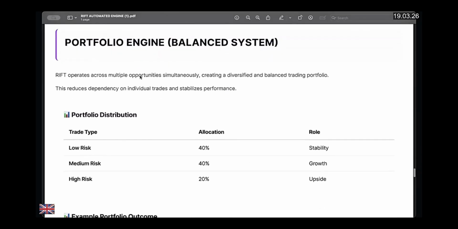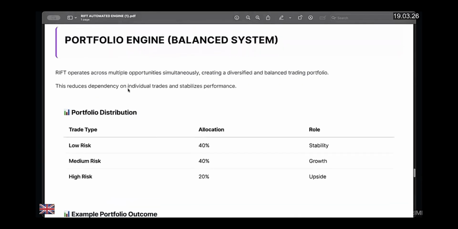Then there is the portfolio engine, a balance system built inside Rift, which operates across multiple opportunities simultaneously and balances your portfolio.